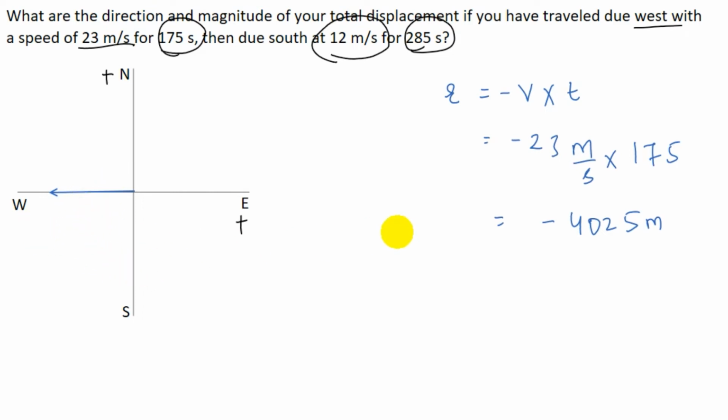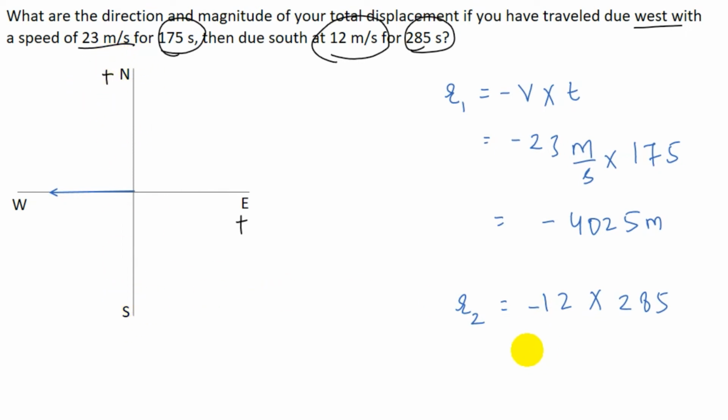Okay, then you traveled due south at 12 meters per second for 285 seconds. So what would be your displacement? Let this be R1, let this be R2. So this would be 12 multiplied by 285, and since it is towards the south, this would also be negative, because north we have taken to be positive.